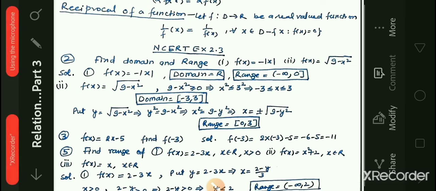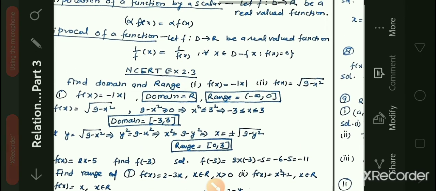Find the domain and range if f(x) = -|x|, and second, f(x) = √(9 - x²). The first is very simple to understand. Its domain will be R, the set of real numbers, and range will be minus infinity to 0, because you are not going to get any positive value from this.